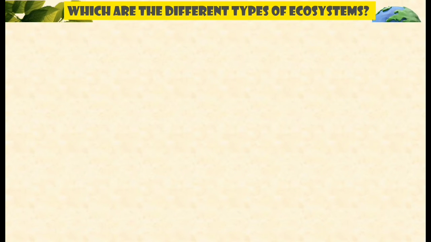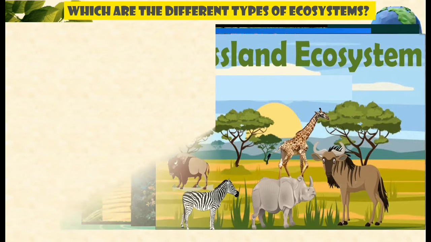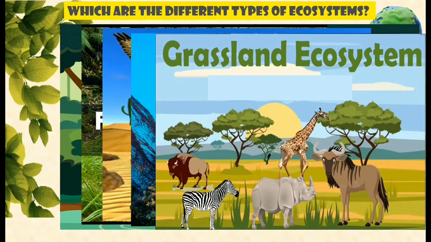You have already learned this, but I'll quickly revise the different ecosystems known to you. The first ecosystem is the grassland ecosystem. Here you can see animals and plants, with an abundant amount of grass and open space where you find mostly wild animals.